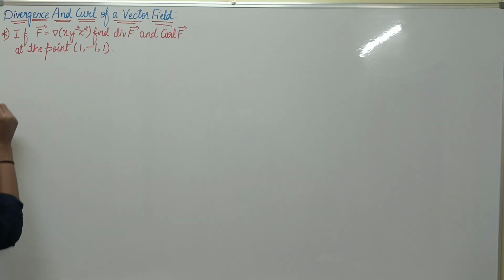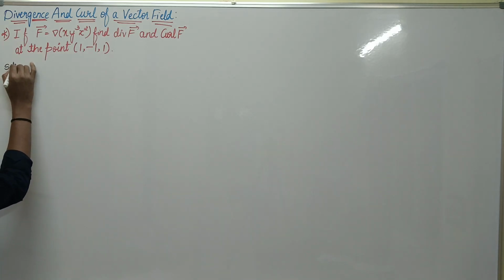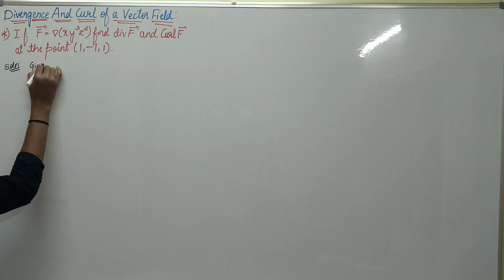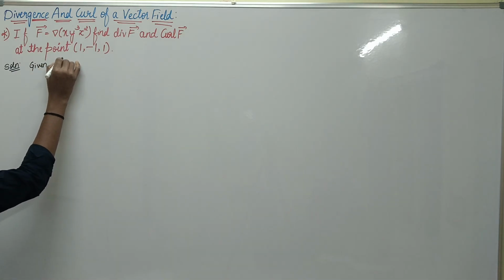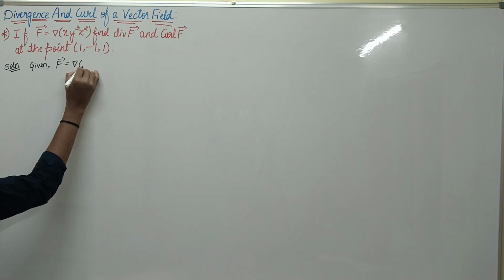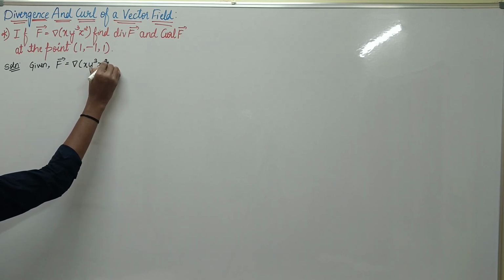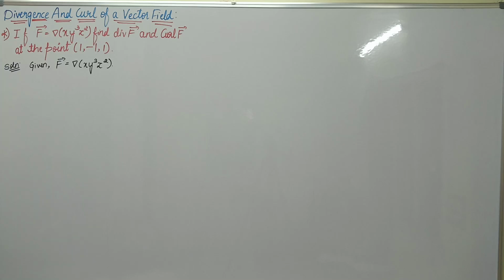First, represent the given vector f, which is equal to gradient of x y cube z square. Now first we need to find vector f. What do you mean by vector f?